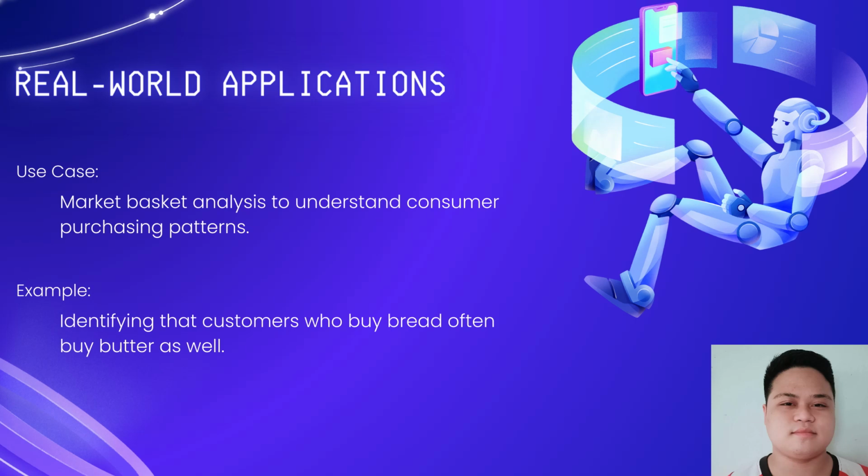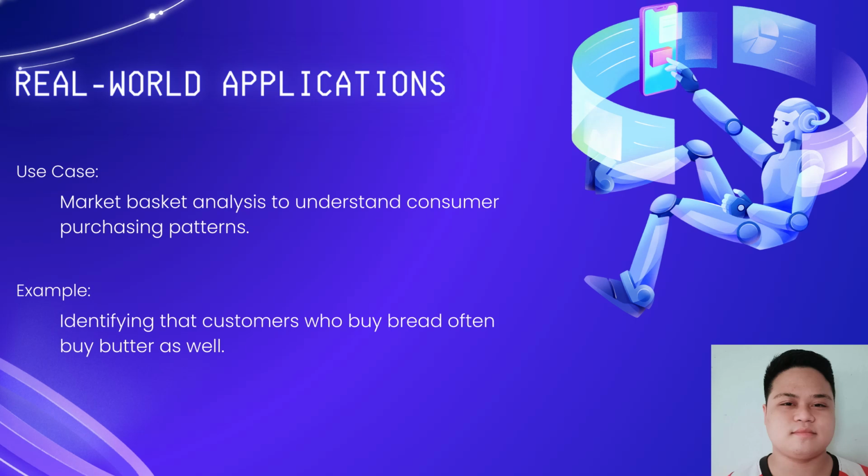Next is the real-world simulation. In the real world, the Apriori algorithm finds extensive applications, particularly in market basket analysis, which aims to uncover associations between products purchased by customers, enabling businesses to understand consumer behavior and make informed decisions.